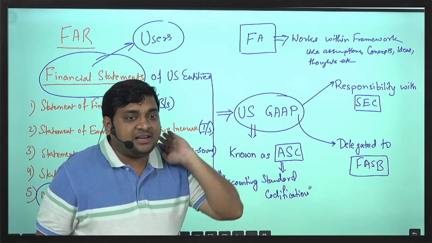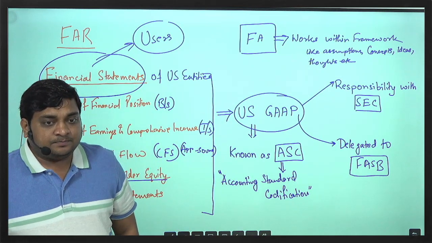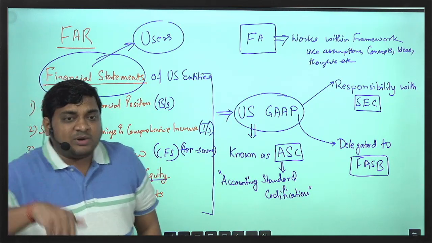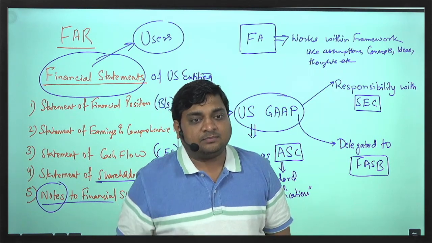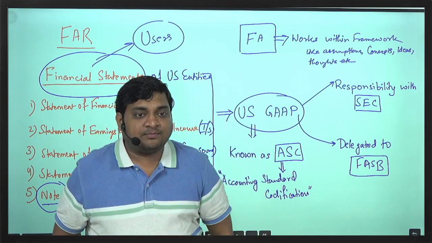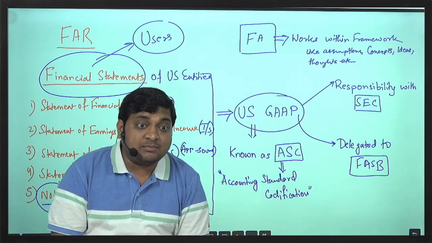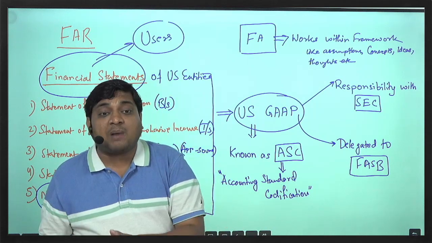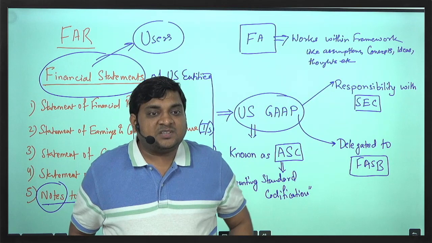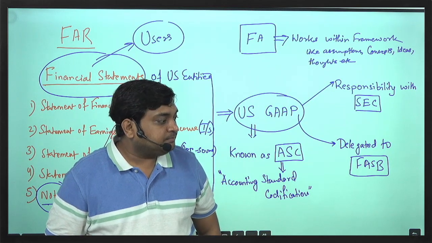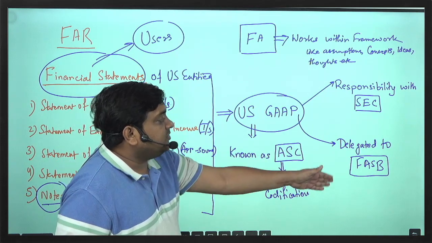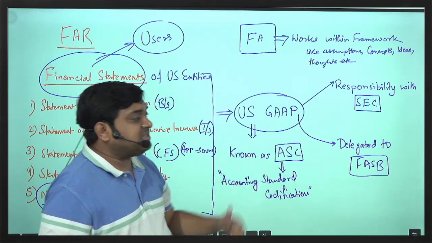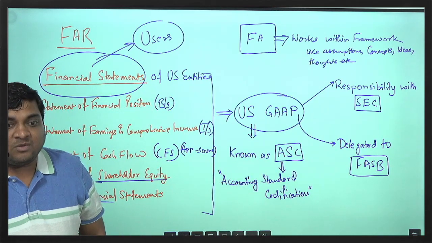So US based entities, they will follow US GAAP issued by FASB. And who has delegated them this power? SEC. It is SEC who has delegated them this power to frame US GAAP for US entities.